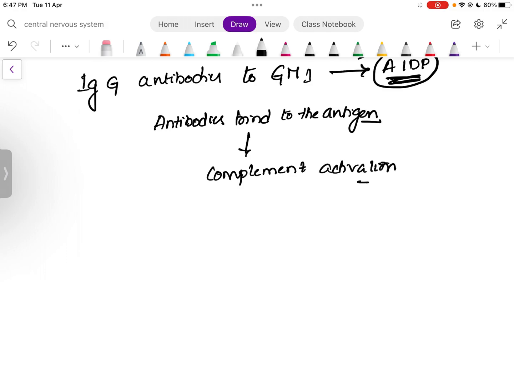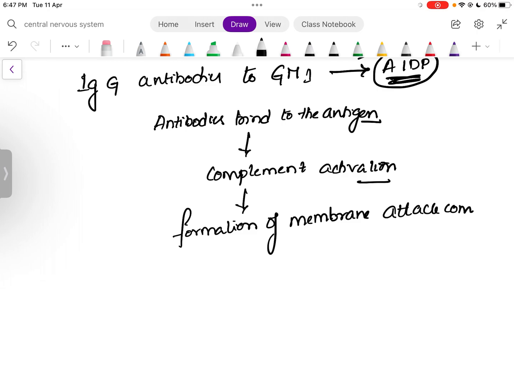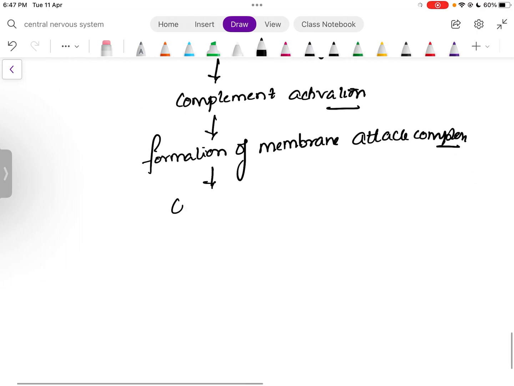This complement activation will cause formation of membrane attack complex, where they are formed on the outer surface of Schwann cells.